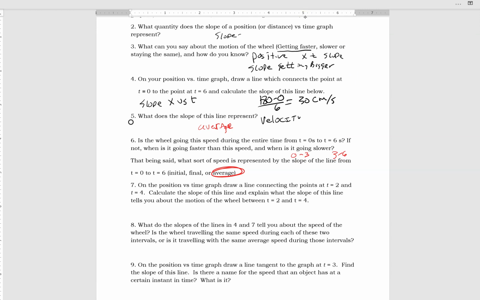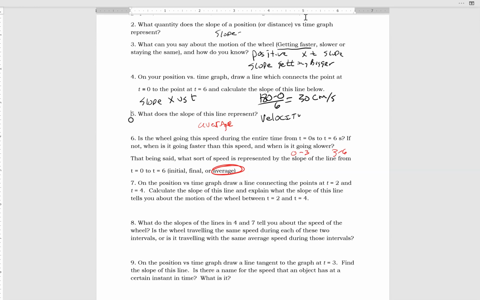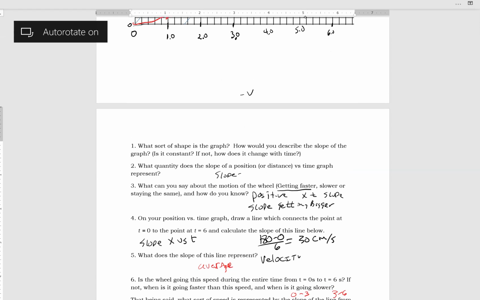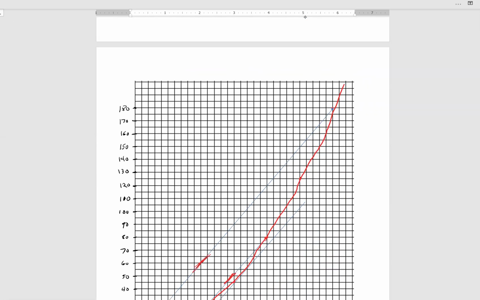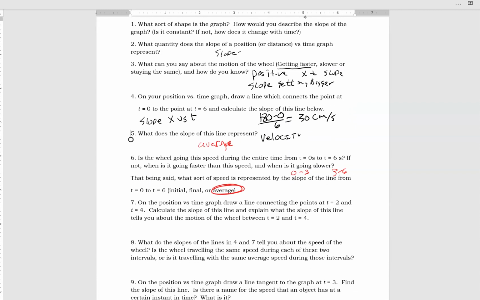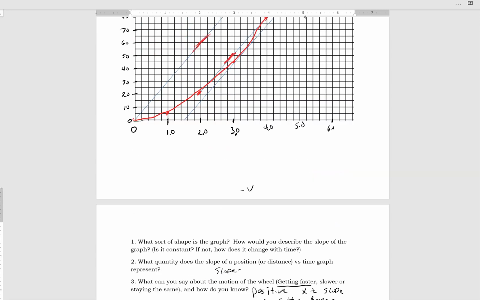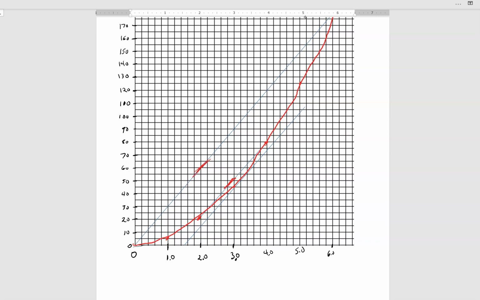We calculate the slope of that line, and it should still be 30. My data points should be from 2 to 4, so 80 minus 20, over 2, which still should be 30 centimeters per second. They're parallel. They should be the same.